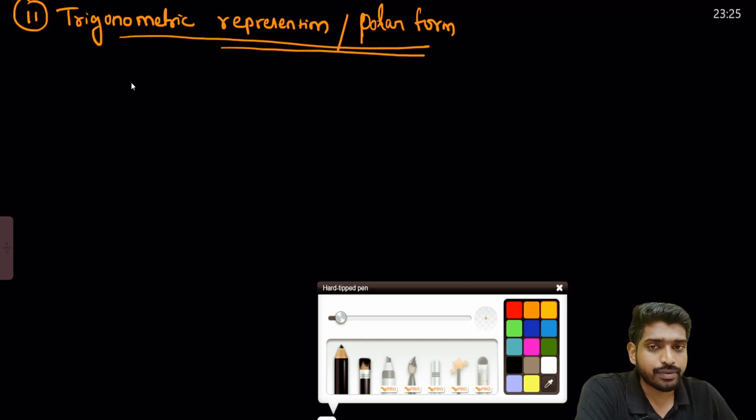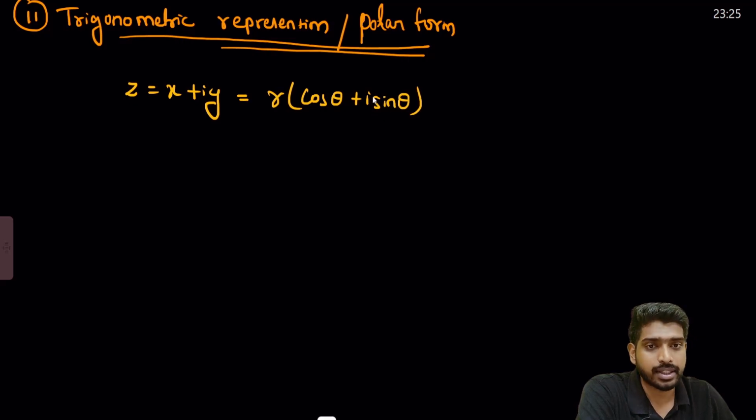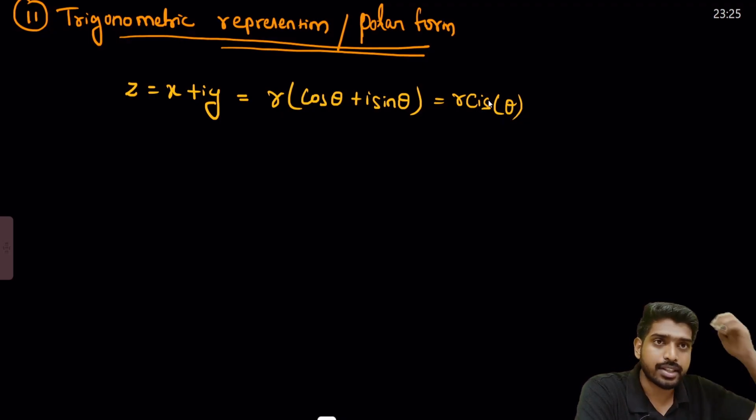In the earlier form, we represented our complex number z as x plus iota y. In this form, I will represent the complex number as r times cos theta plus iota sin theta. This is also known as r cis theta, where c stands for cos, i stands for iota, and s stands for sin.